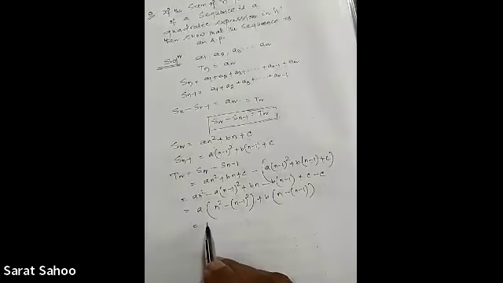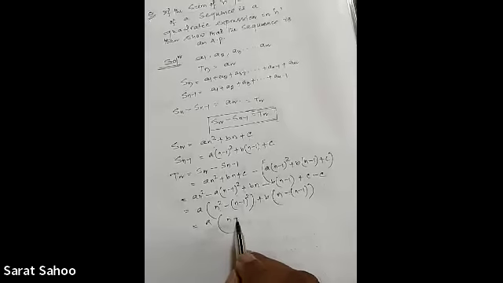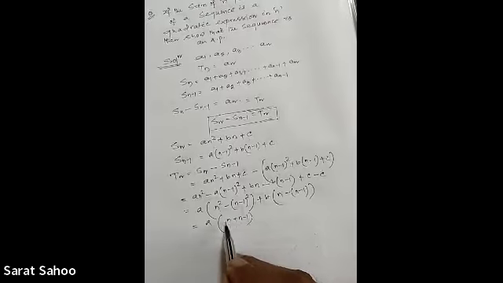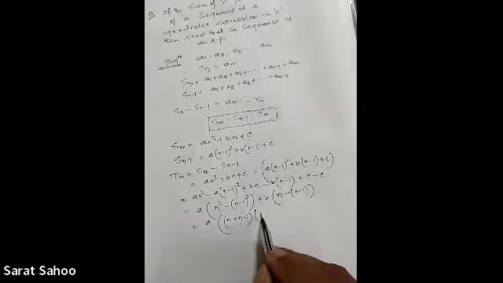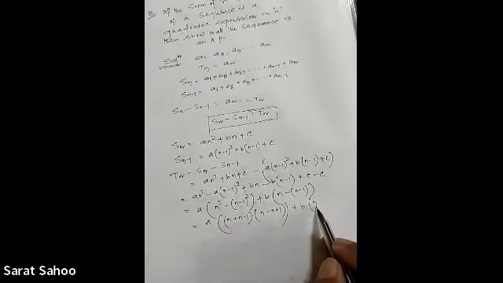This is equal to a times n square minus n minus 1 square, which by a square minus b square equals a plus b into a minus b, gives a times n plus n minus 1 into n minus n plus 1, plus b into n minus n plus 1.